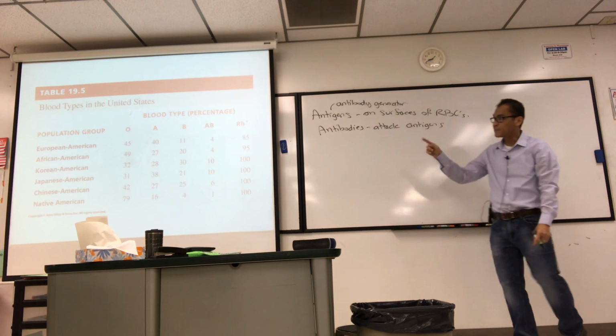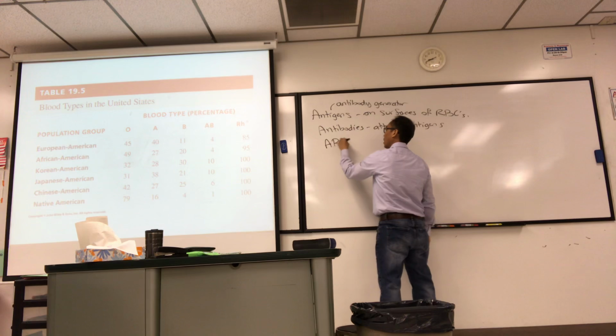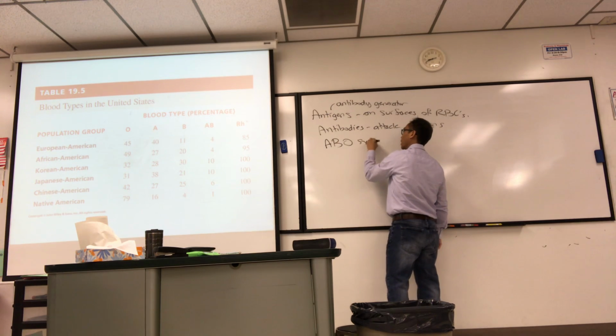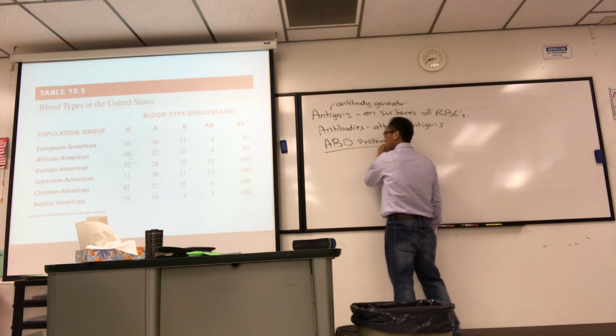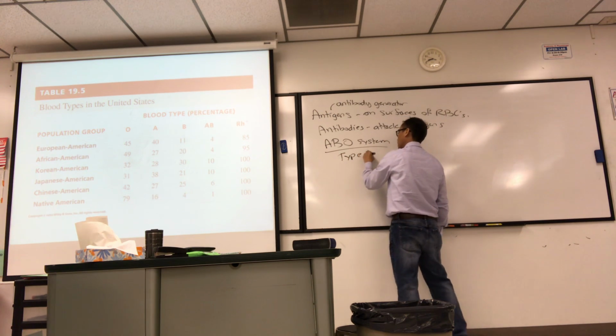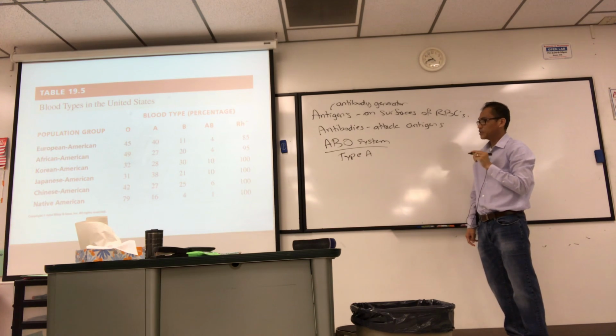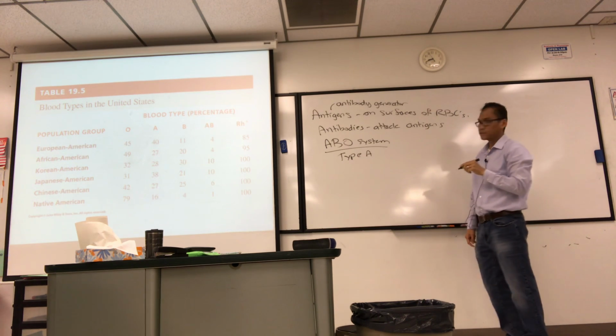The types are, there's the ABO system. So what that means is, if you're type A blood, the A antigen is present on your RBCs. That's what it means.